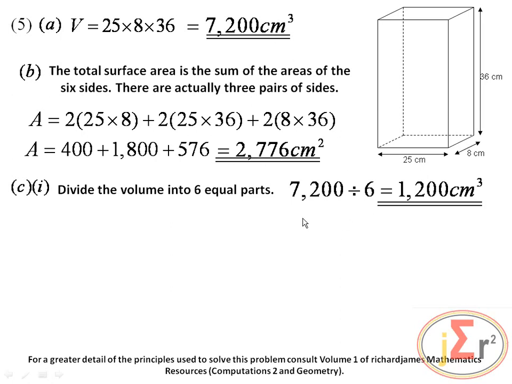So we need to be very careful of what we are answering. The question requires us to calculate the volume of one small cereal box, and it says the cereal from one large box can exactly fill 6 small boxes, each of equal volume. So we have to be careful when solving problems like that, that we do not just jump and use the figure that we have just calculated, but use the appropriate one, the one that is suited to the solution of the problem.